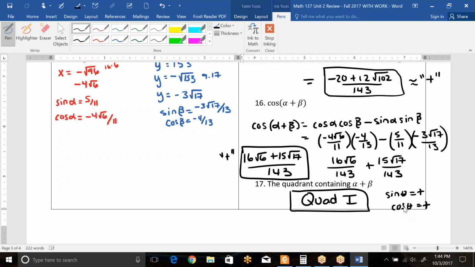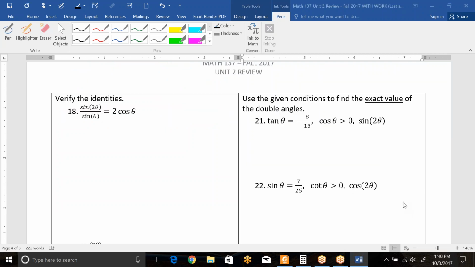So that's that one. Okay, for number 18, we're verifying an identity as well. And notice that there is this sine of 2 theta in the top. Remember, that's a double angle formula. And remember, our double angle formulas are: sine of 2 theta, which is found by the addition rule, is 2 sine theta cosine theta.